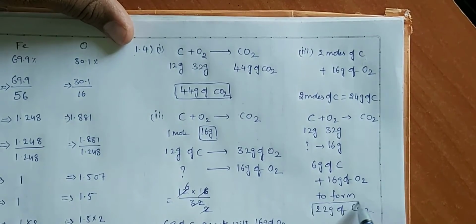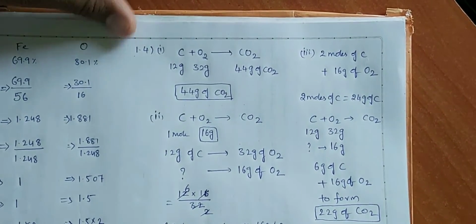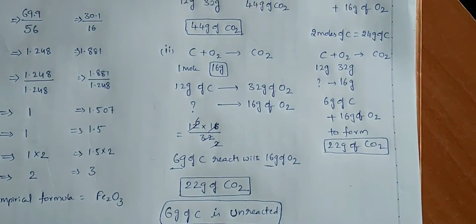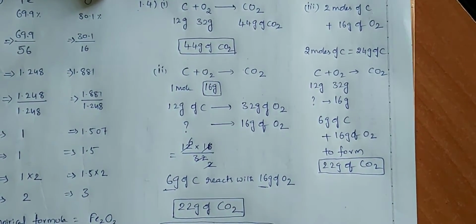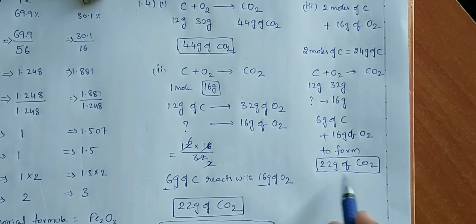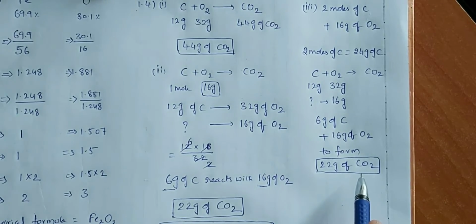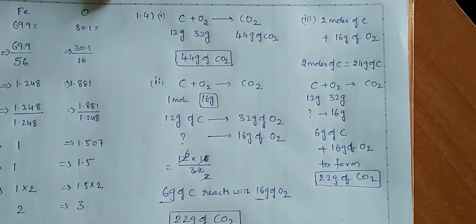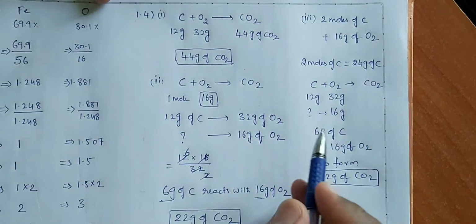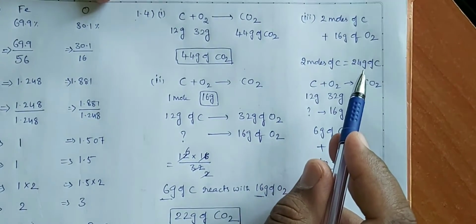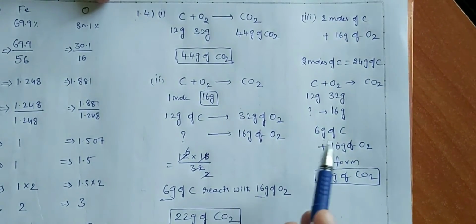So how many moles of carbon are given? That is not the matter. Oxygen is given only 16 grams. That's why again, how much carbon dioxide is formed? 22 grams of carbon dioxide only is formed. Then what about the remaining carbon? Out of 24 grams, only 6 grams of carbon is reacted.